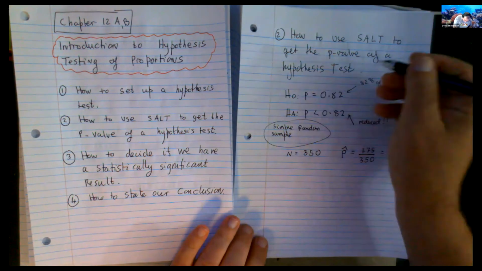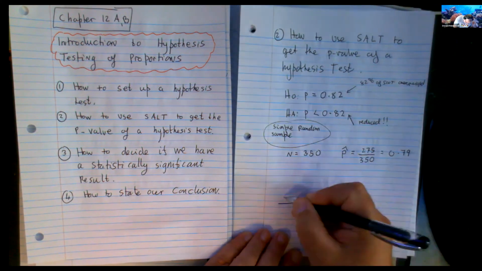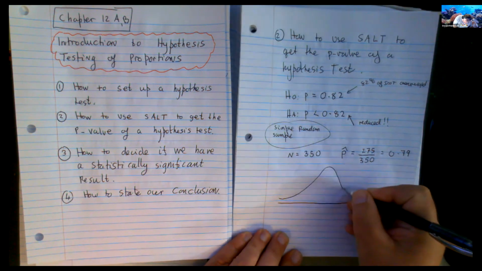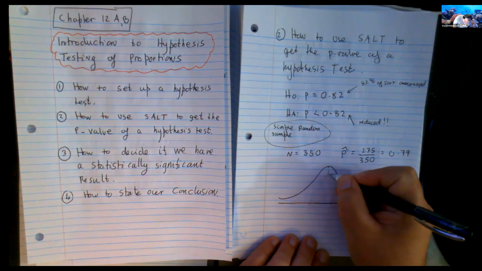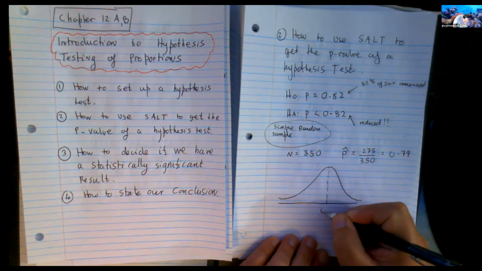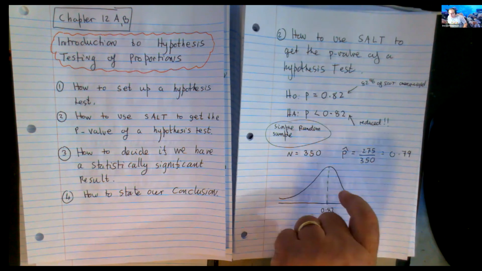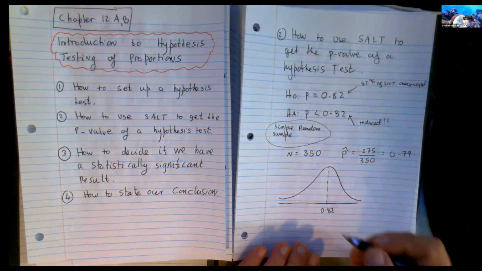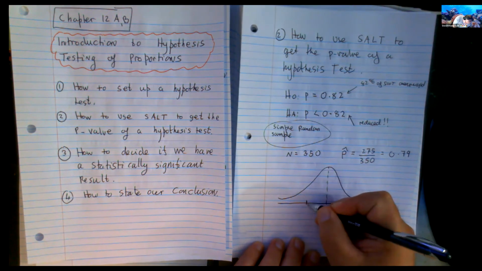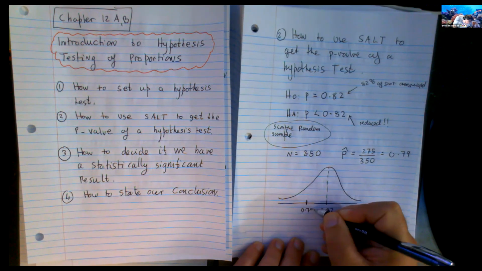So I am getting to salt eventually, but since we can't do it by hand, I want to at least show you the theory behind it. What we do is set up a model, and this model is going to create the sampling distribution. Remember the sampling distribution guy? On our model, let's say here is 0.79.